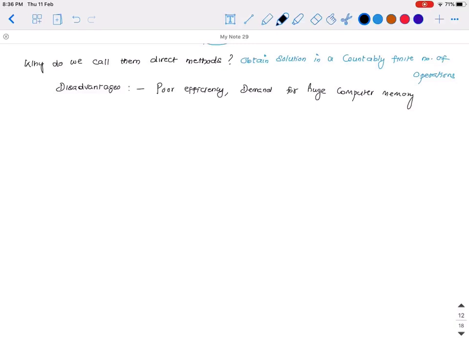We never solve Gauss elimination or any of the numerical methods that you have learned in the numerical analysis course by hand. All these are always solved on a computer. So the main disadvantages of direct methods are their poor efficiency and demand for huge computer memory. This I will explain now.